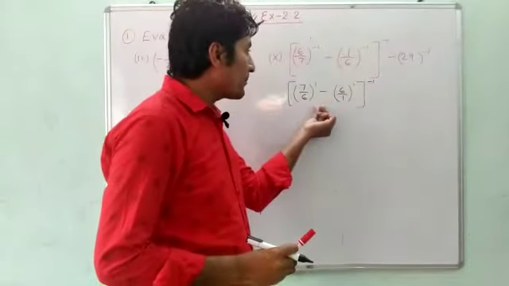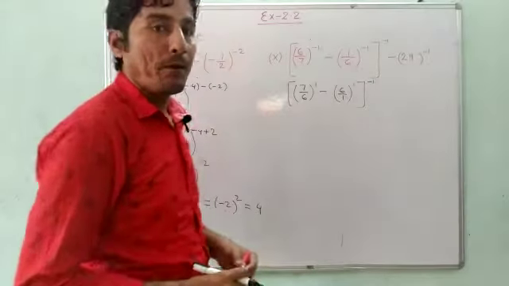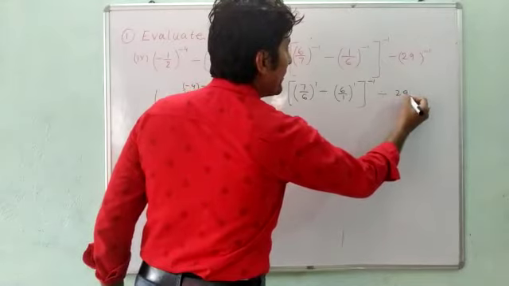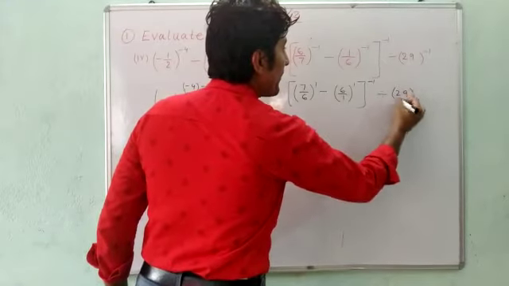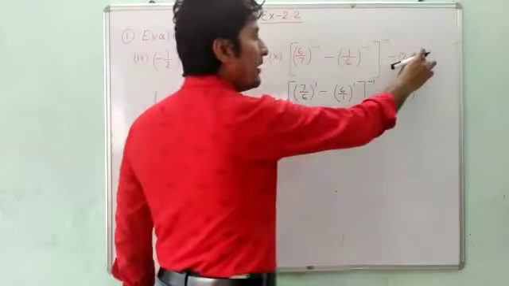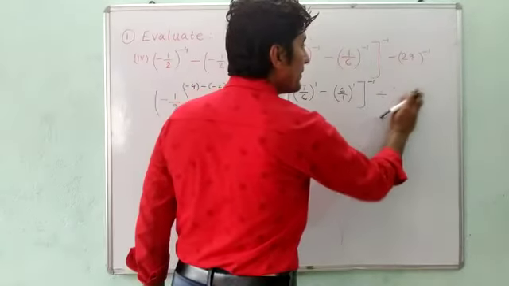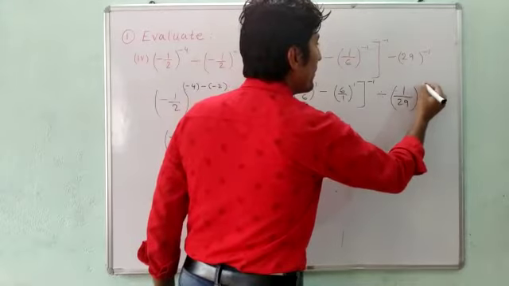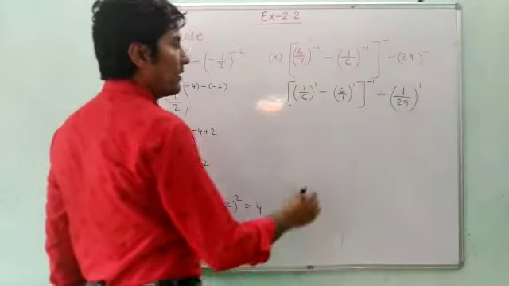After solving this part, then we have to change it into the positive exponent, divided by 29 to the power -1. Also we can write the positive exponent like 1/29 to the power positive 1.